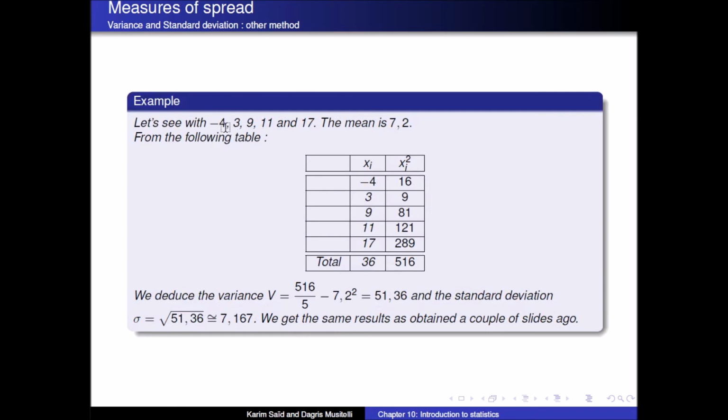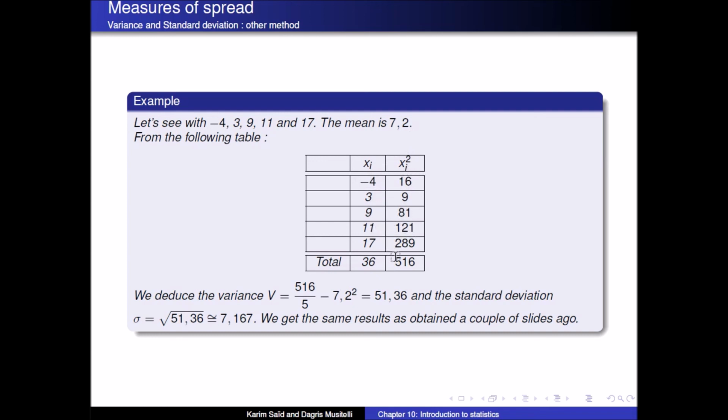Let's see an example with the values -4, 3, 9, 11 and 17. So first I compute the mean of the values here. It's 7.2. Then I square every value. So -4 to the power 2 gives 16. 3 to the power 2 gives 9. 9 to the power 2 gives 81, and so on.